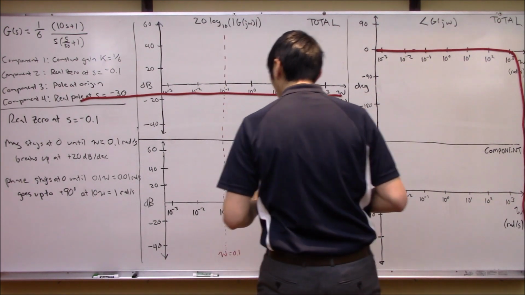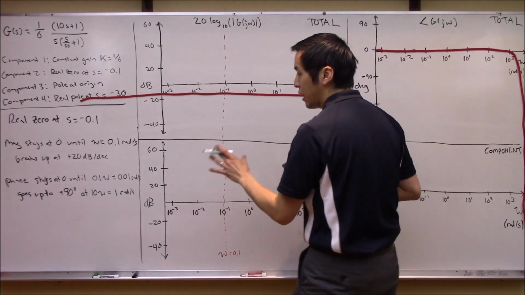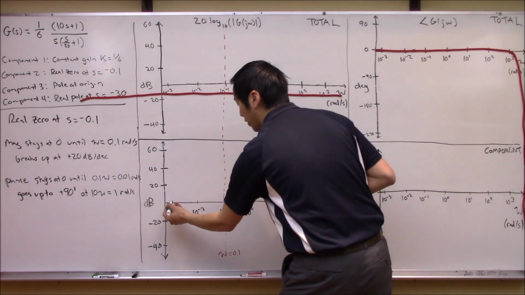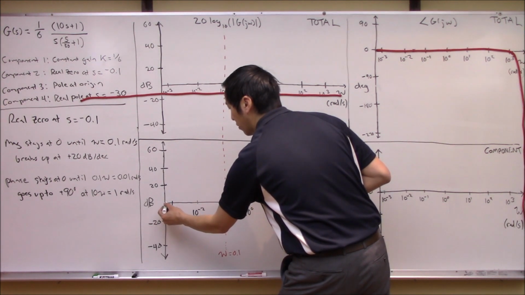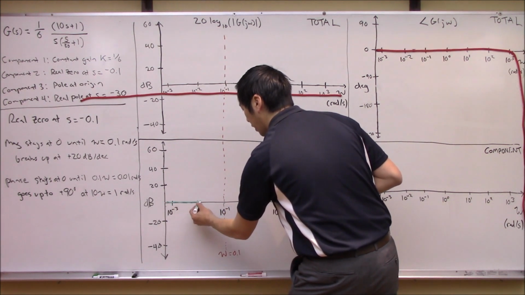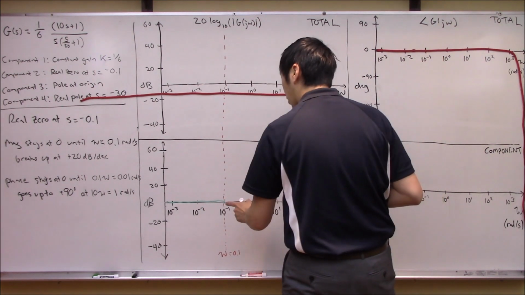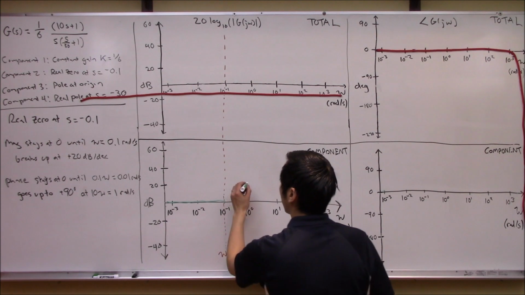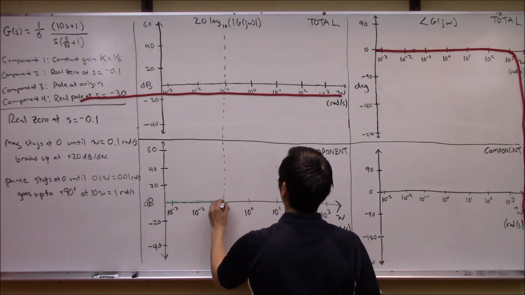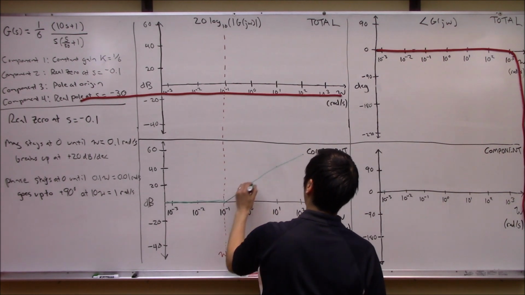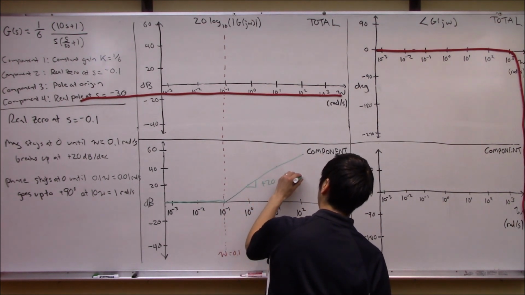For the magnitude of the individual component, it comes along here at 0, and then when we get to the actual location, it starts going up at 20 decibels per decade. So this slope again was positive 20 decibels per decade.